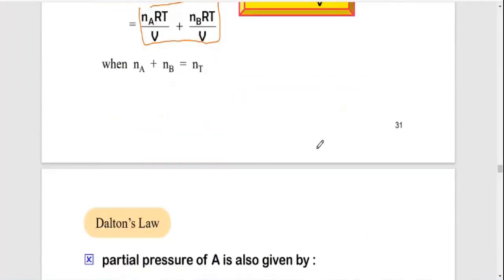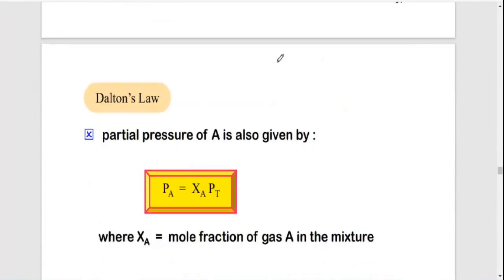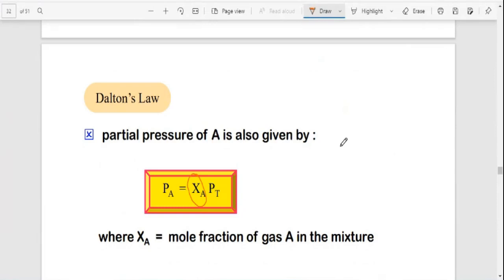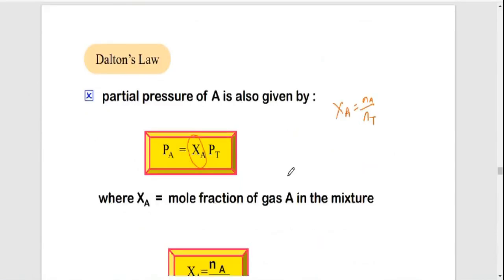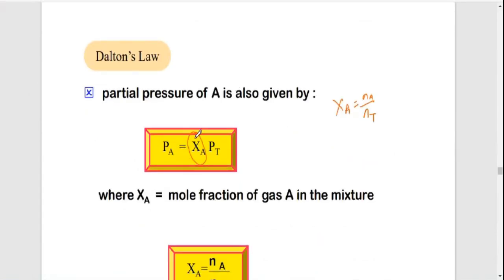So Dalton's law actually will link with mole fraction as well. Still remember mole fraction that we learned in chapter 1? XA equal to nA over nT. This is a mole fraction. Mole fraction is the n of the compound A over the n total. So meaning that now the partial pressure of A equal to the mole fraction of A times PT.